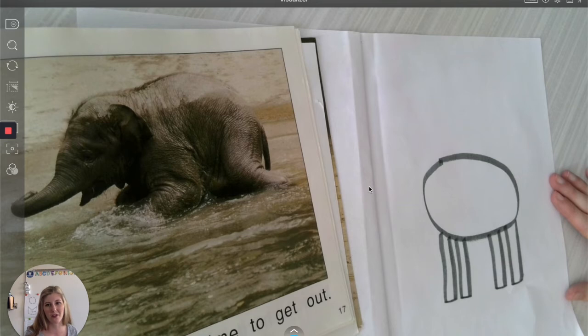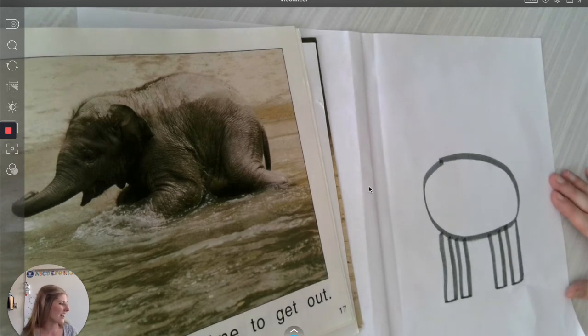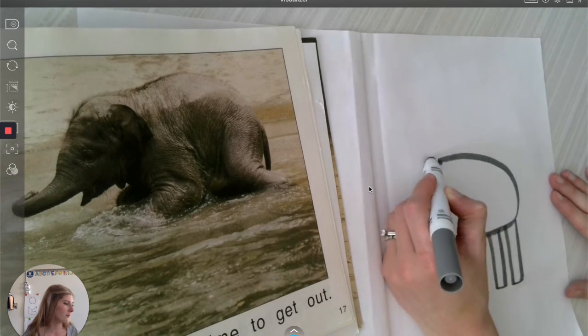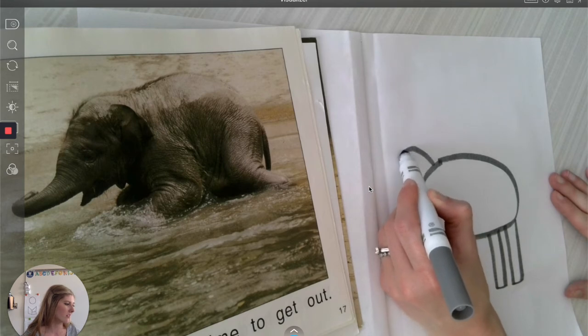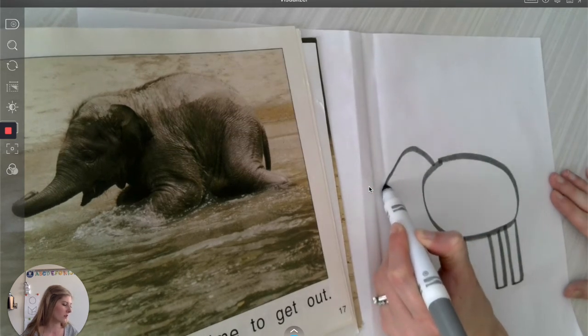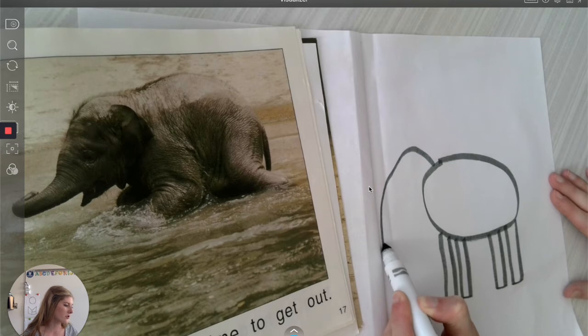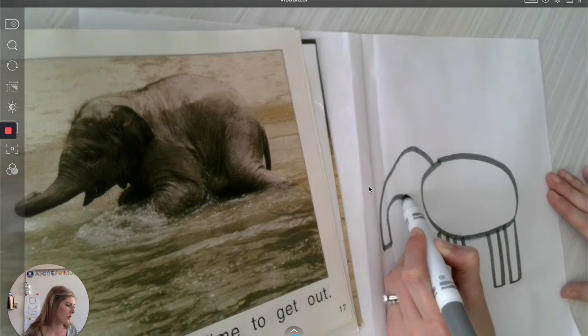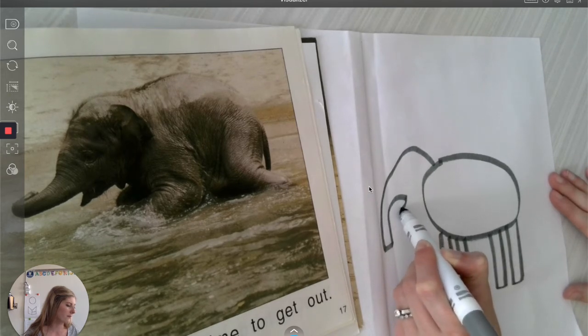Oh, but then I can't forget about the head. Now the head of an elephant, I'm looking at the picture if you can't tell, kind of curves out. And then there's a trunk to an elephant. The elephant's trunk is curved, but it is kind of like a rectangle. Oh, and I can't forget about the mouth.